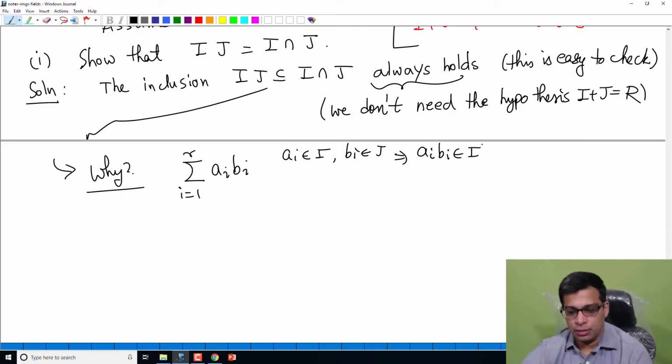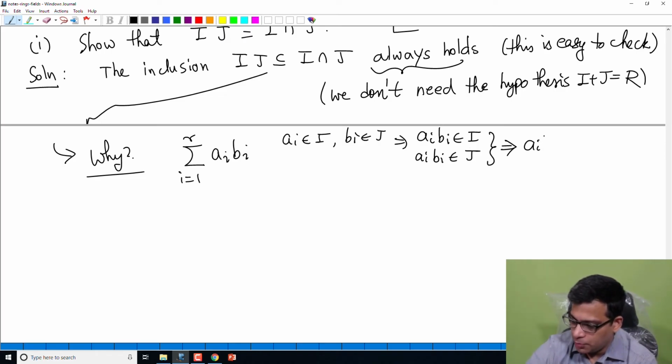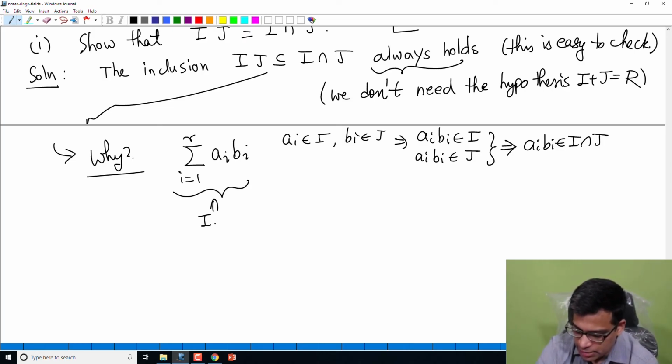Because remember, an ideal has the property that anything in the ring times anything in the ideal is in the ideal. So a_i is in I, b_i is in the ring, that means a_i b_i is in I. But similarly, for the same reason, b_i is in J, a_i is a ring element, b_i is the ideal element, the product is in J. That means a_i b_i is in I intersection J. Once each a_i b_i is in I intersection J, this whole sum is in I intersection J, because I intersection J is an ideal, something we proved earlier, or I have asked you to prove.